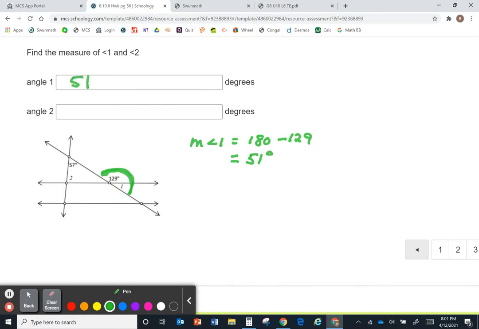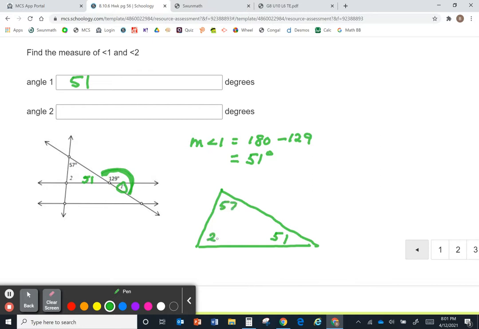Oh boy. Okay, so that gives us this triangle, say. I'm not sure there's another way of doing it. Okay, I'm going to draw this. So this triangle, say, that gives us this triangle right here. So we found out 1 is 51. So this guy in here is 51 because they're vertical. This guy's 57.